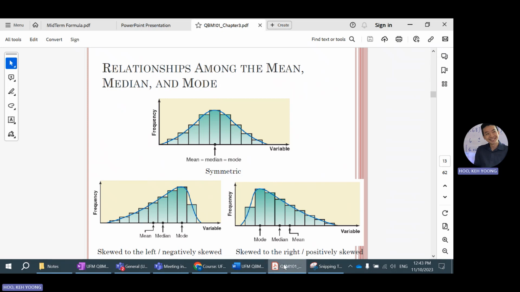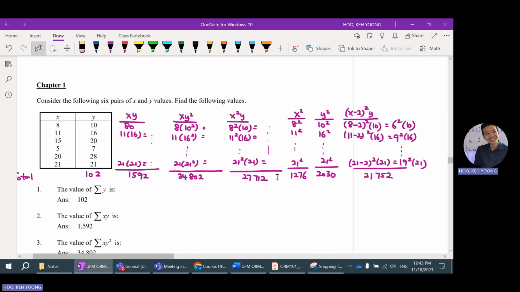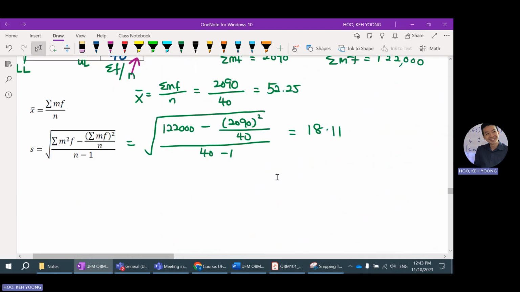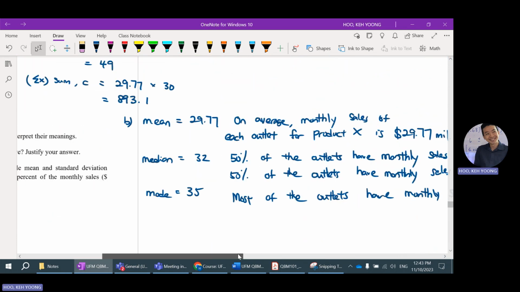Back to the question, we have mean 29.77, median 32, modes 35.